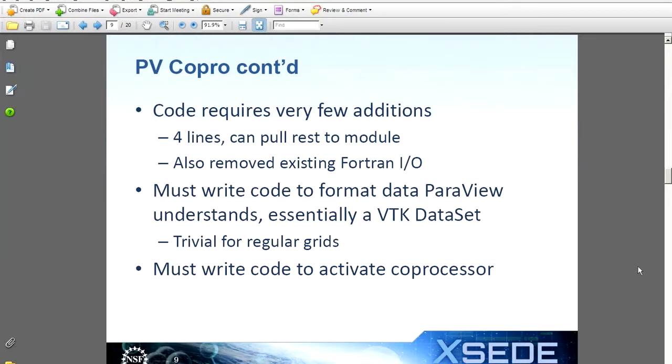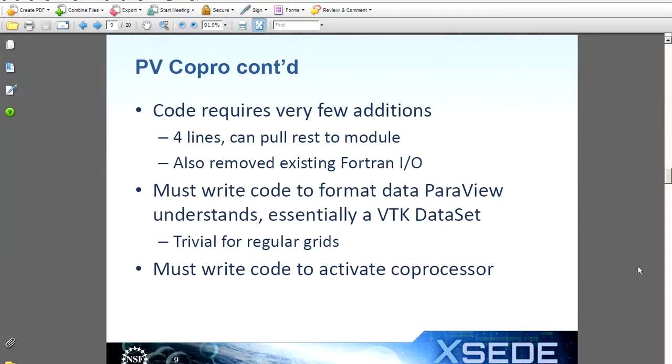For something that's a regular grid, which we are doing, it's completely trivial. You can just pop in the dimensions of the grid and the spacing, and it'll work pretty easily. I have not ever tried this with an unstructured grid, so I don't know how much more work that would entail. I would be curious to know if anybody has tried that. And then you have to write some additional code to activate the coprocessor, which isn't that much. And it worked really smoothly.